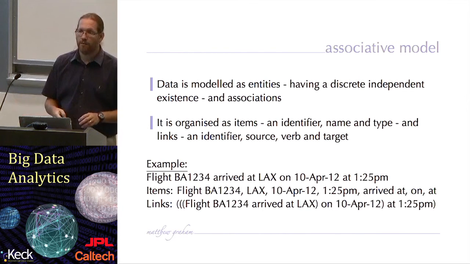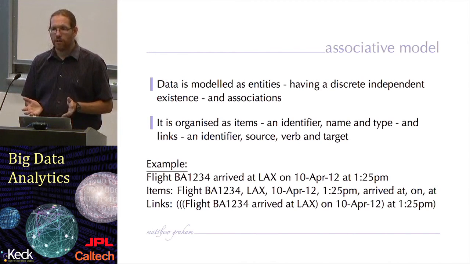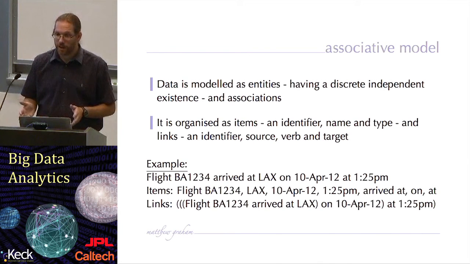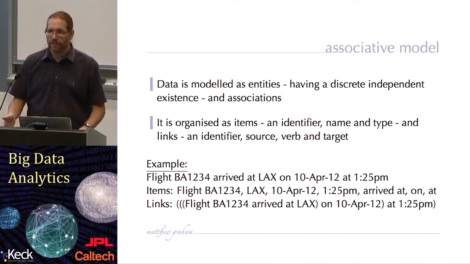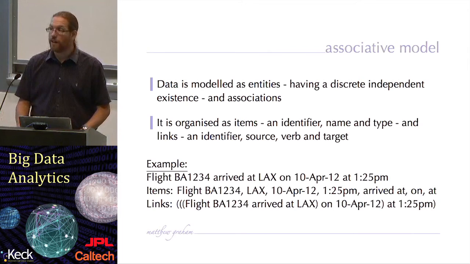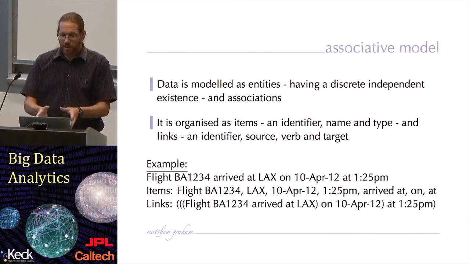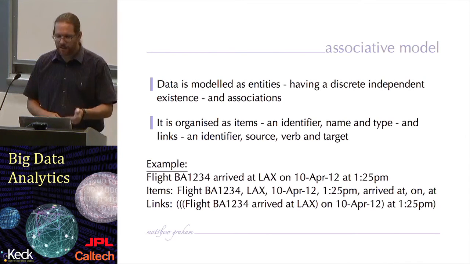An example of how I may represent a particular data item in such a model is, say I was running a database of flight arrival and departure times. Flight BA1234 arrived at LAX on the 10th of April 2012 at 1:25 p.m. The items that I would have, the individual facts, each of these would have an identifier, a name and a type.